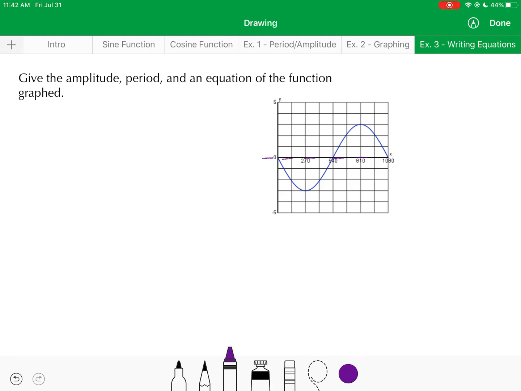In this case, the midline is still the x-axis, okay? And the reason you want to identify that first is it can help you with your amplitude, all right? Amplitude is distance from high or low point to the midline. So in this case, I'd say the amplitude is 3 units, okay?